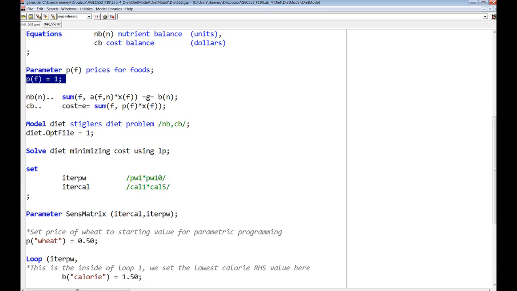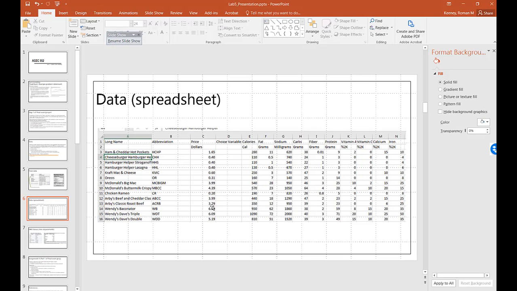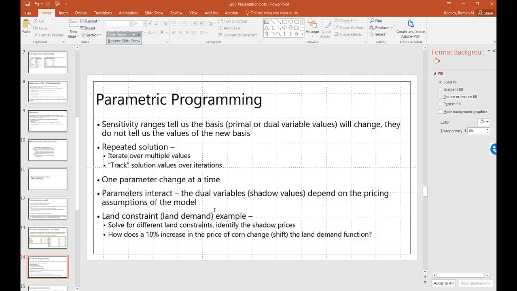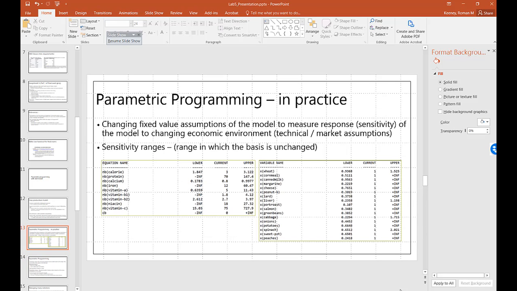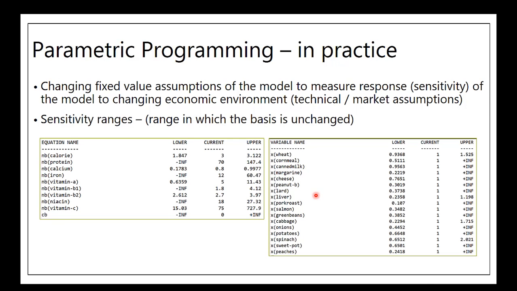And so let's go back to our PowerPoint. Okay, so we solved this, and we included the range information.